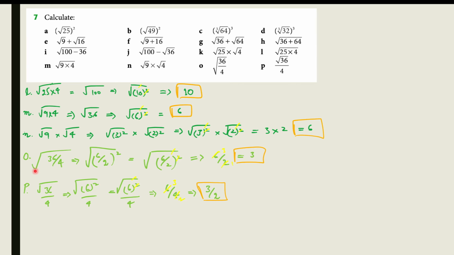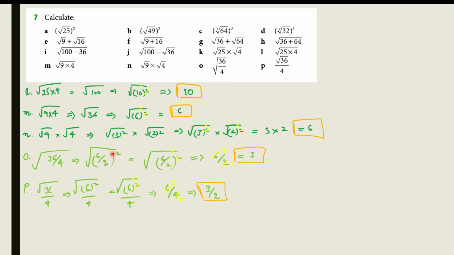Then we have the second last part of the question. Under the root, we have a fraction, which is 36 by 4. For both the numerator and denominator, we can write 36 as square of 6 and 4 as square of 2.